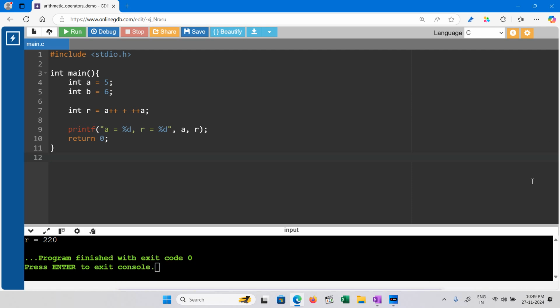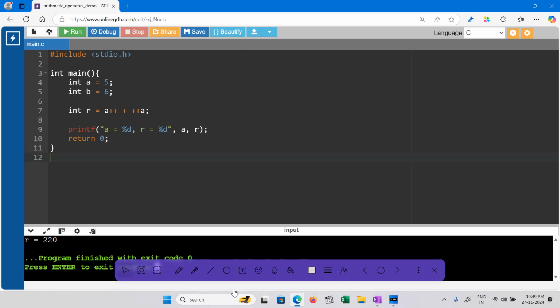If we follow the table, we know that this one is higher in precedence. So let's replace the value of a++. This is post-increment, so it will use the current value, which is 5, and update the value of the operand, so immediately a becomes 6. Then this is pre-increment.